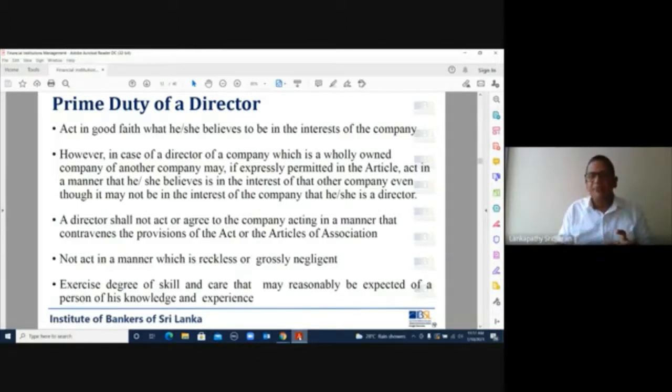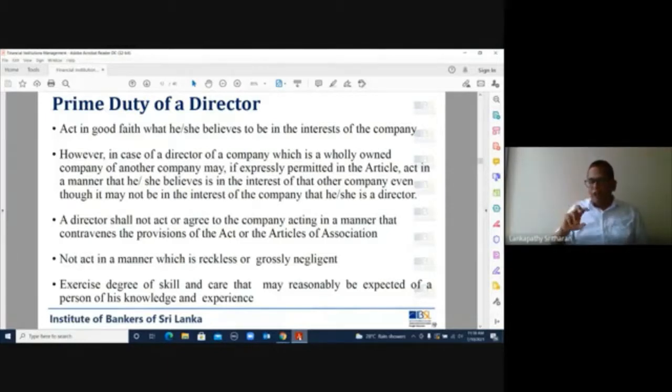That circumstance is if company A is a fully owned subsidiary of company B. So company B has 100% ownership in company A. At that time, a director of company A may carry out his duties or act in the interest of company B. Generally, a director of company A has to act in the interest of company A. But since it is a fully owned subsidiary, he may act in the interest of company B. For example, we will take it this way.